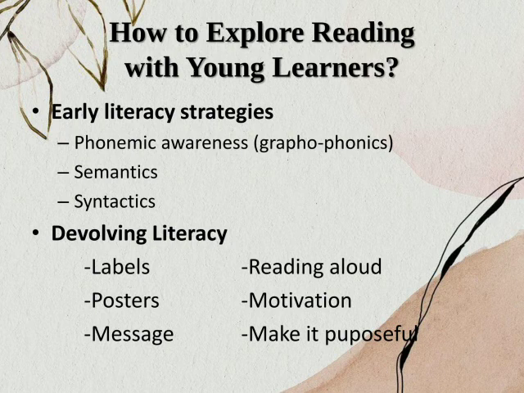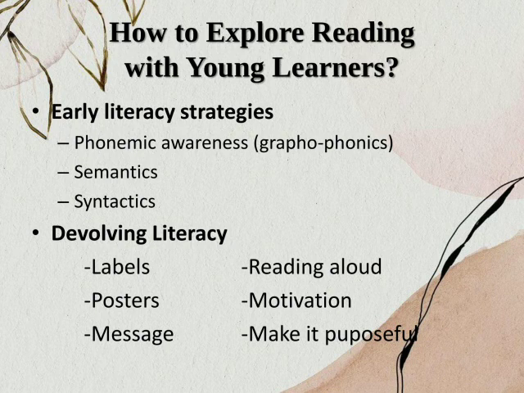First, phonemic awareness. Young learners of English need explicit instruction on the link between the symbols or letters in English and the sounds they make. They need to be taught that there is a direct link between the phonemes or sounds and the graphemes or letters in order to be able to start blending or sounding out simple words.